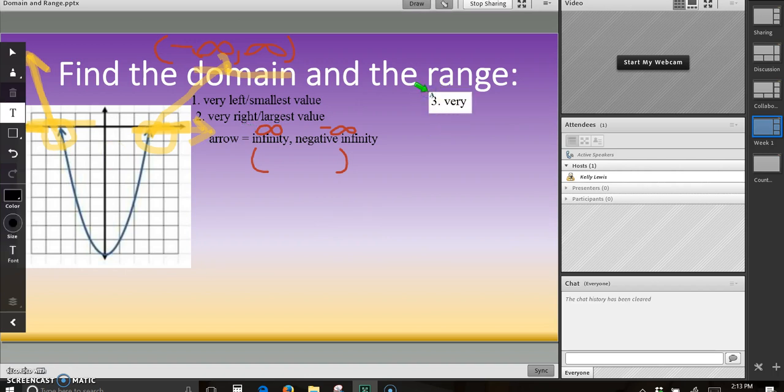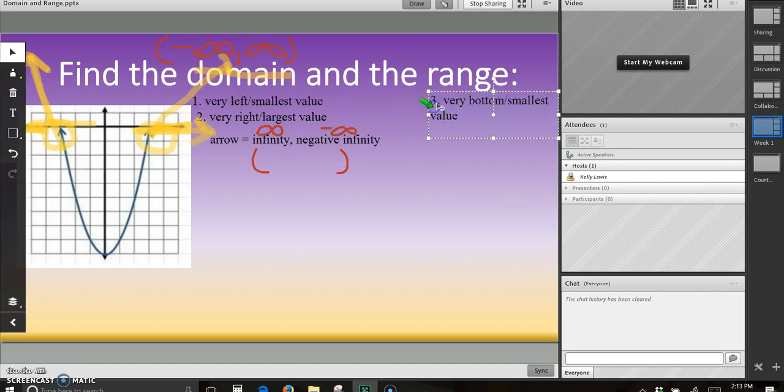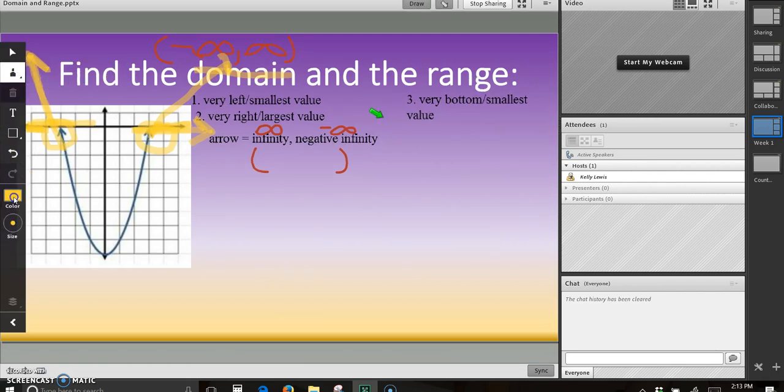You go for the very bottom because you want the smallest value. All right, so I'm going to the bottom, I'm here, and this is the smallest value.